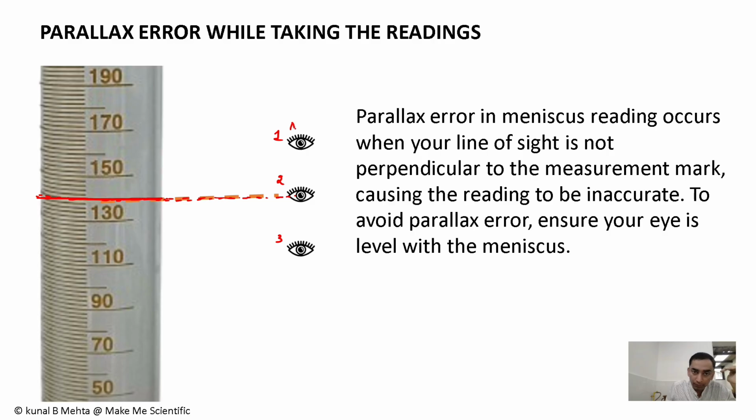If you look from a higher or lower position, you will get a false reading, and due to the inappropriate position of the eye, we can get a parallax error. Parallax errors are those errors which are found in meniscuses. Meniscuses I will discuss shortly, and that is due to the inappropriate position of the eye. So your eye should be at the level of the liquid, right?